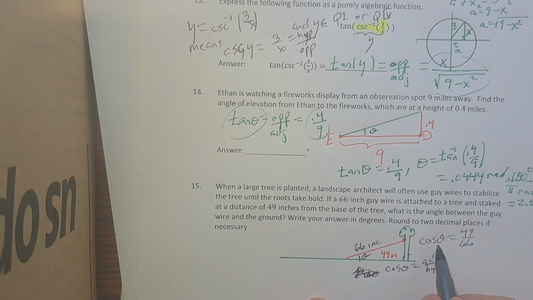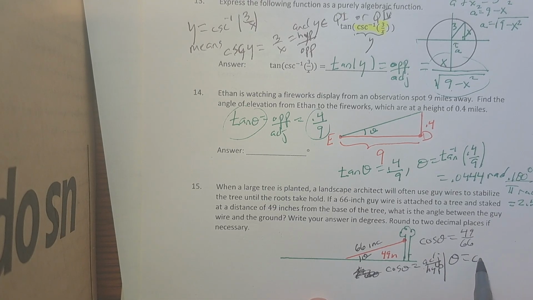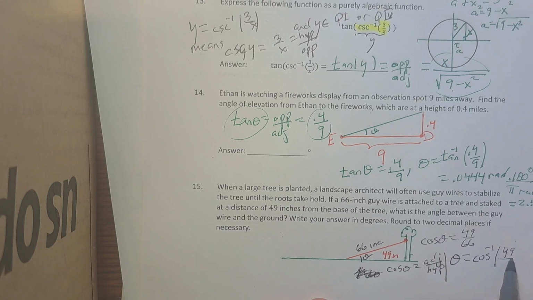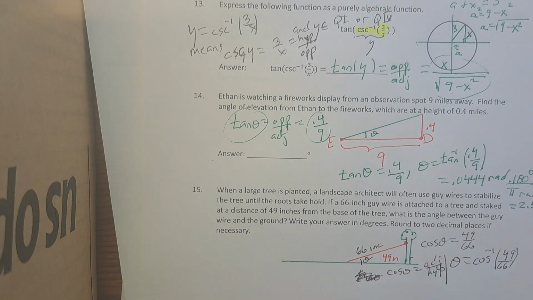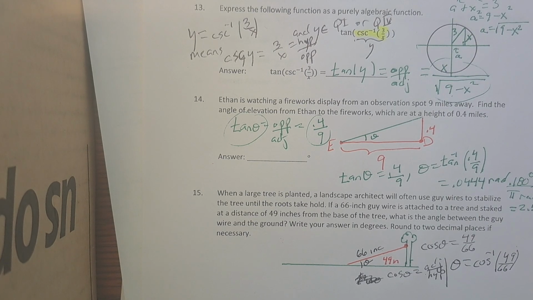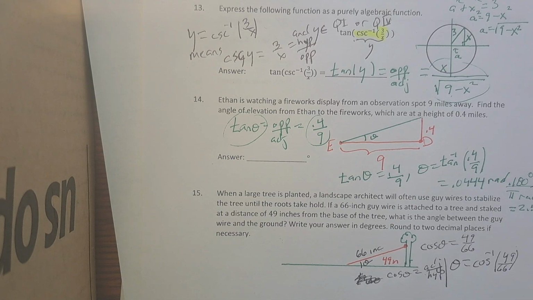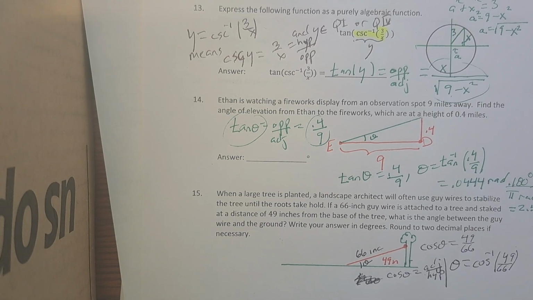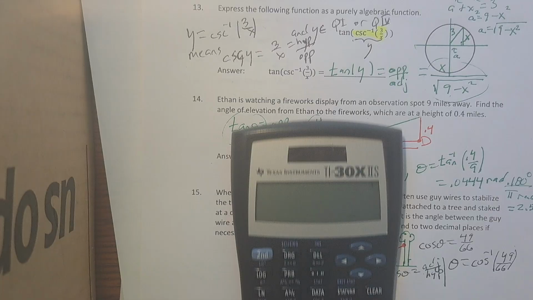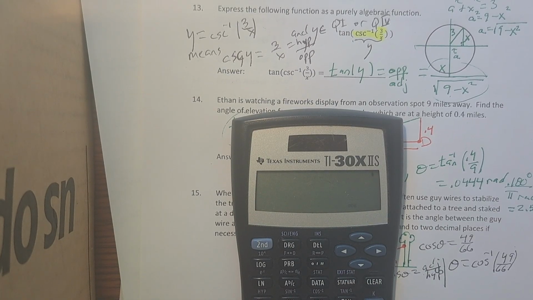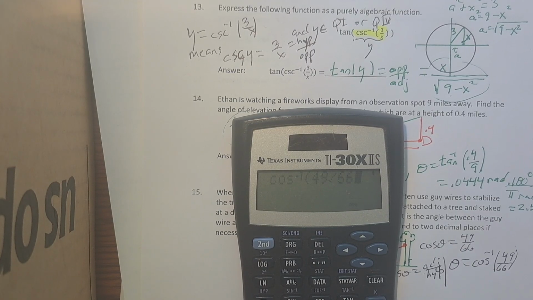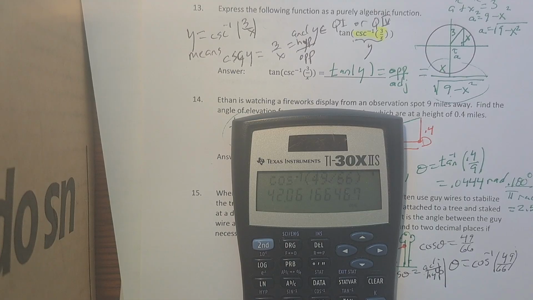To get rid of the cosine function and get to theta, take the inverse cosine of both sides. That is something on your calculator, and this time let's go straight to degree mode. This one is in degree mode, that's what the DEG is. So if you do cosine inverse of 49 divided by 66, you get 42.06 degrees.